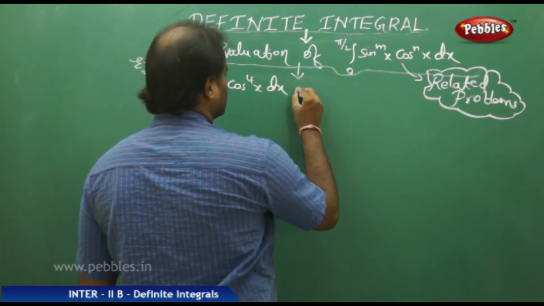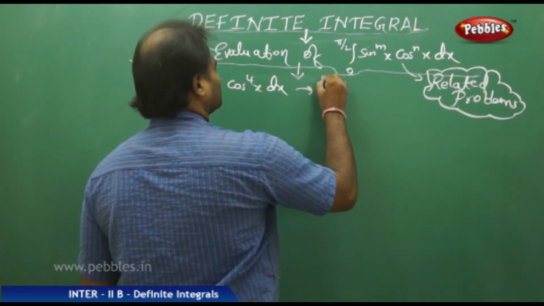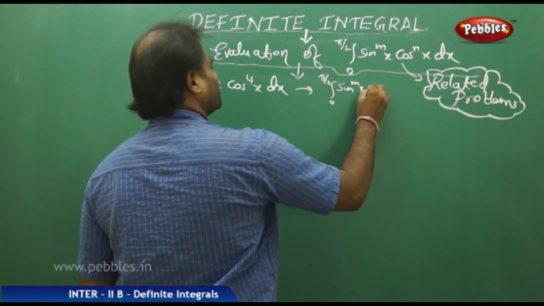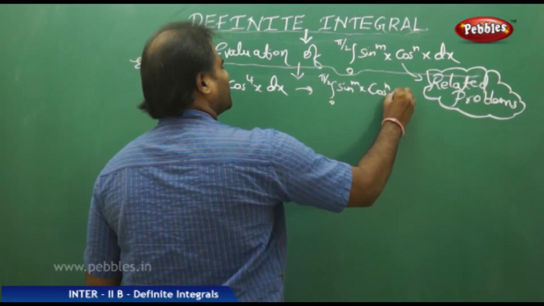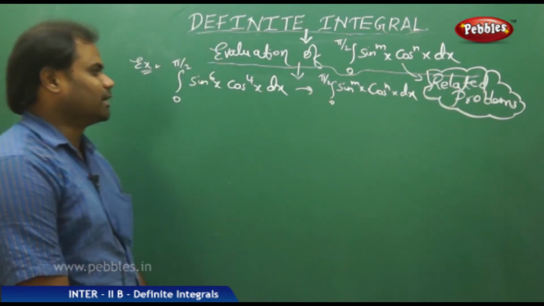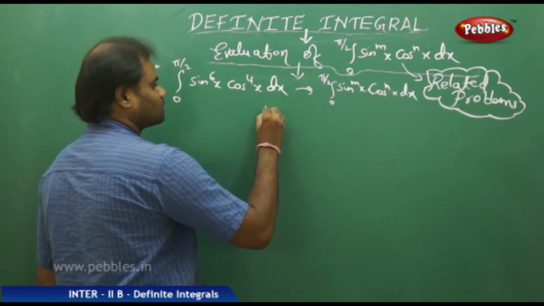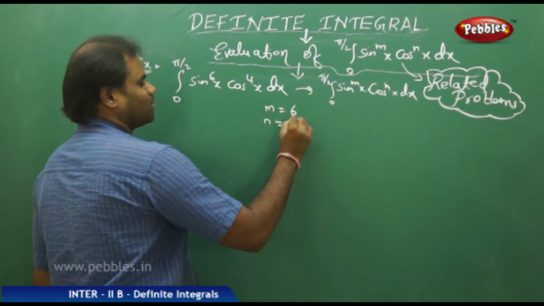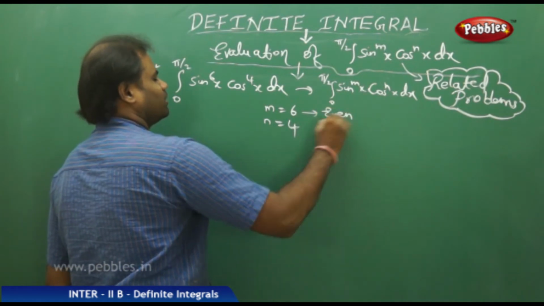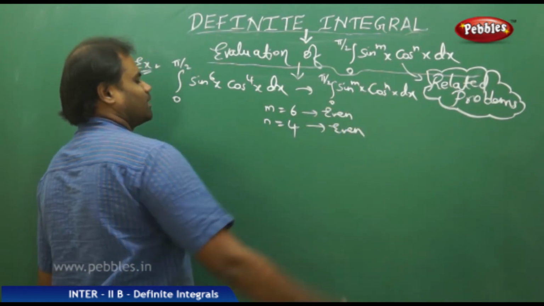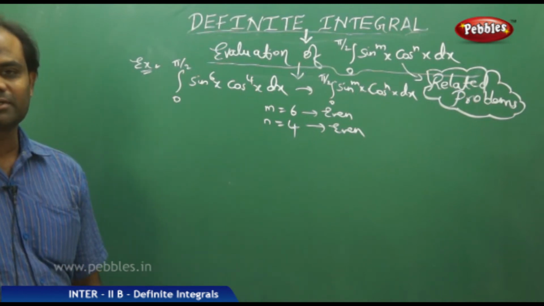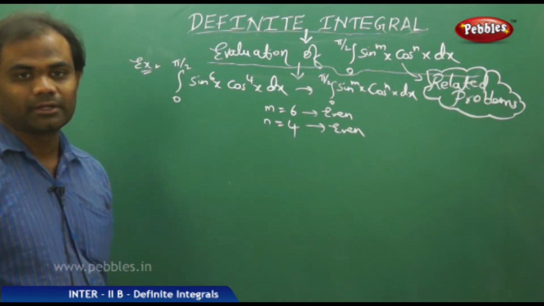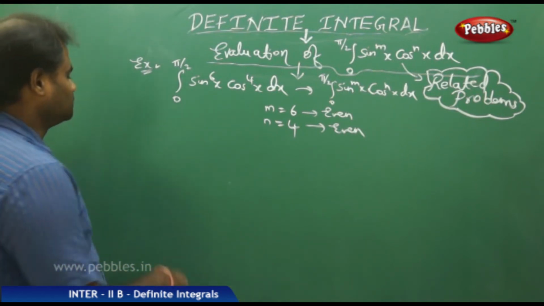As I compare this with sine power mx cos power nx dx, I clearly see that my m is 6 and n is 4, and both are even. Hence we have both m even and n even, which is the third case, and let's see how we can expand using case 3 of the formula.